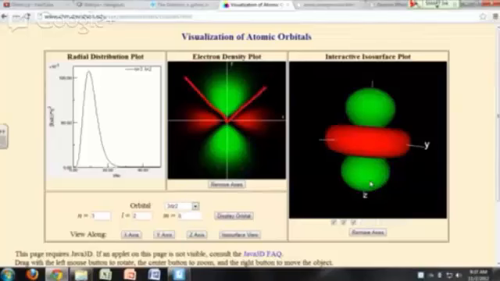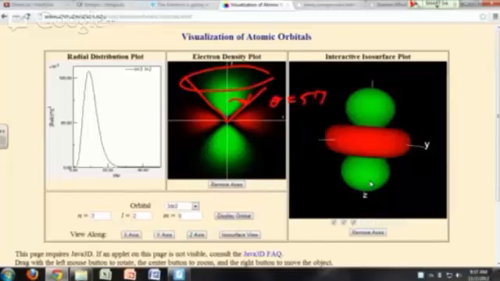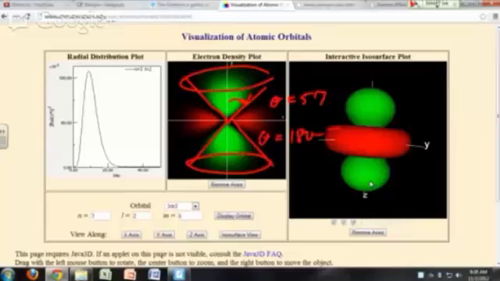There's a conical surface right there, theta equals something like 57 or 53 degrees. I think it's 57 degrees. And there's the other conical surface, that's the other node, theta equals 180 minus 57. I think it's 57 or 53.7. We'll check that later.